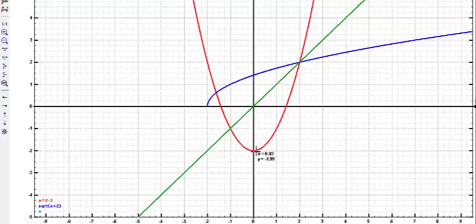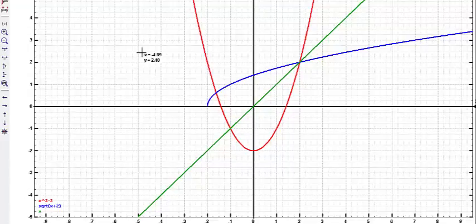And the original function was this one. Well, actually, these two points are still symmetric of each other. So this is the part right there. So it looks like for x less than 0, there is no inverse function.